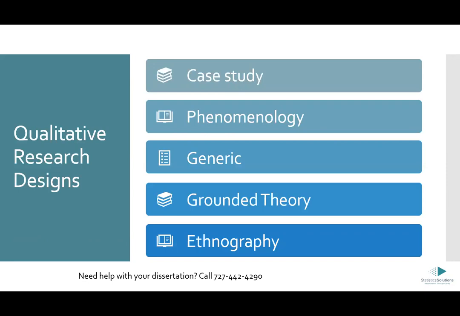This is not an exhaustive list. These are just 5 research designs that we commonly see students using. But again, there are others, so do not feel limited if you feel like your research question or your study does not line up with the ones that we're talking about today.